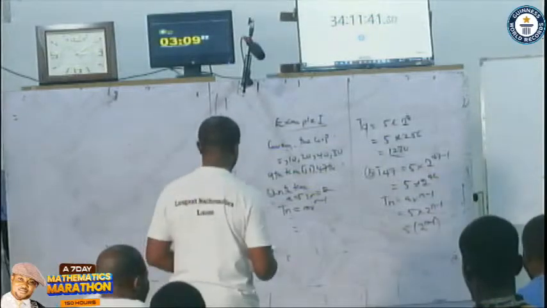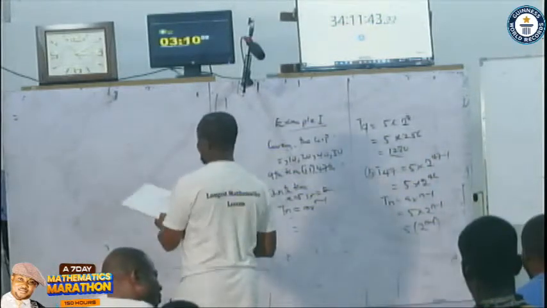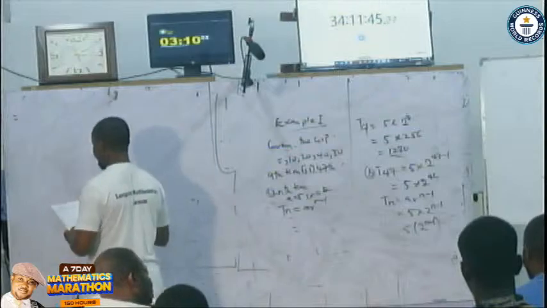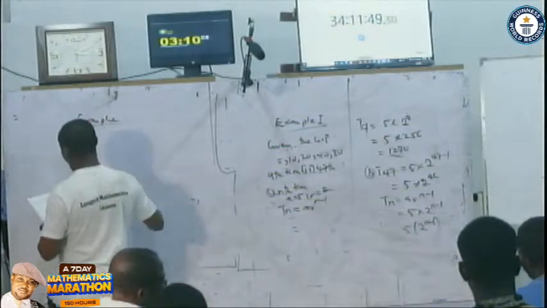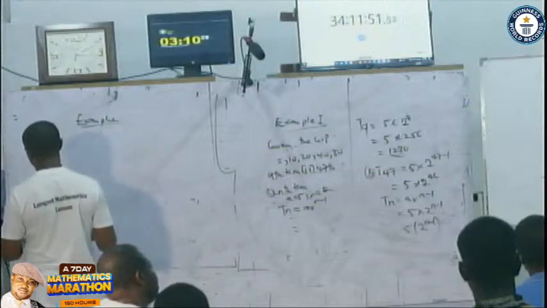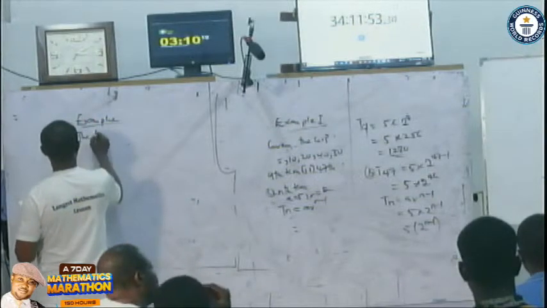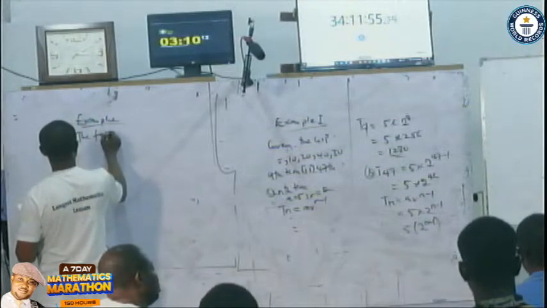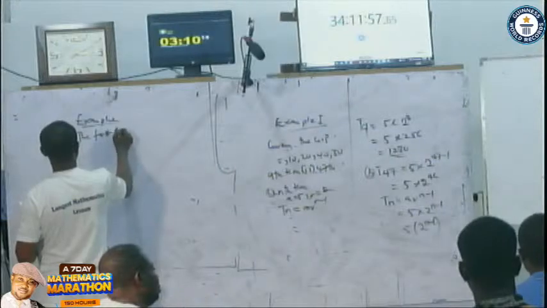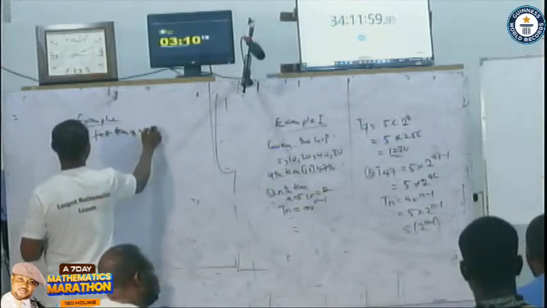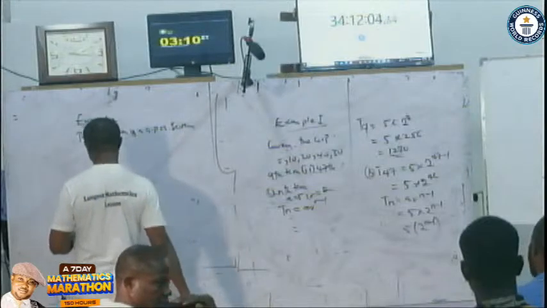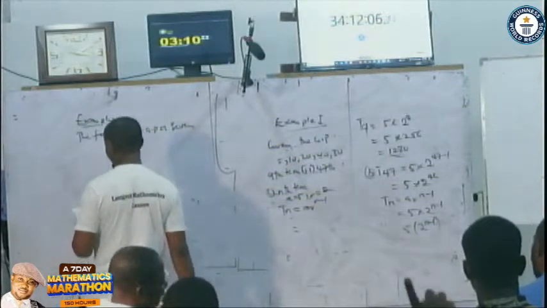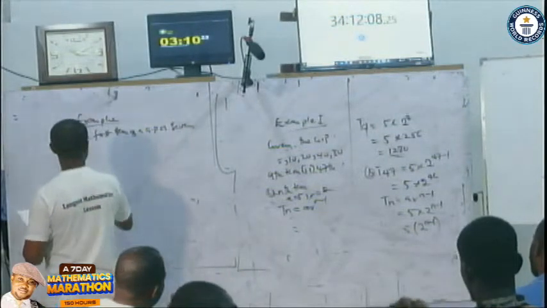So, example number 2. The first term of a GP is 7, while the common ratio is 3.